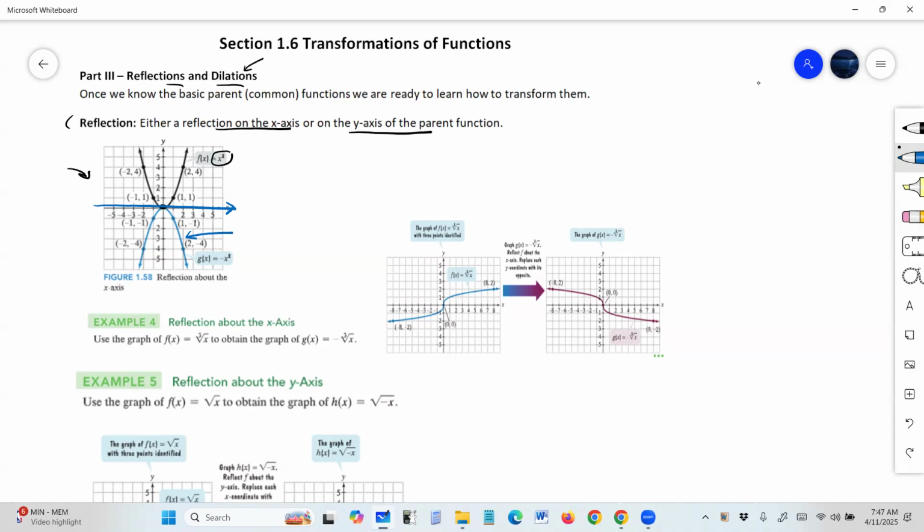Reflection on the x-axis is done by, as you can see here, this is the basic function, and this is the reflected function. The reflection has a minus outside of the function box.